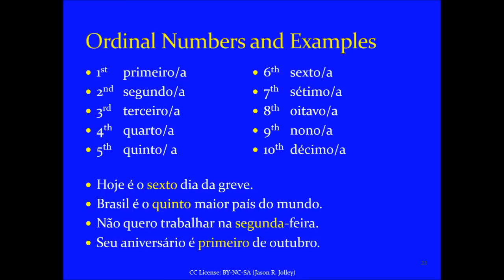First is primeiro or primeira, segundo, segunda, terceiro, terceira, quarto, quarta, quinto, quinta, sexto, sétimo, oitavo, nono, décimo. And we could go on, but usually first through 10th is going to be sufficient.